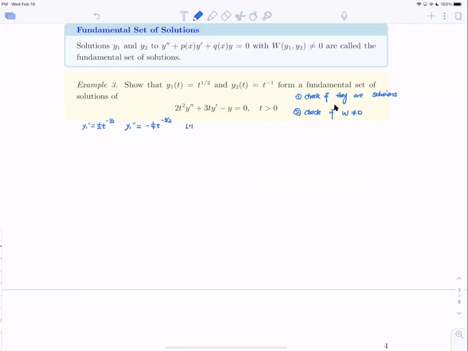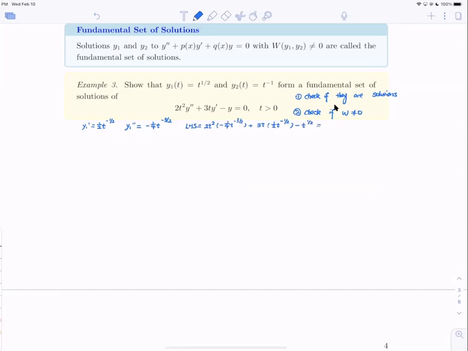And your left hand side equals 2t squared times negative 1 over 4 t to the negative 3 over 2, plus 3t times 1 over 2 t to the negative 1 over 2, minus t to the 1 over 2.